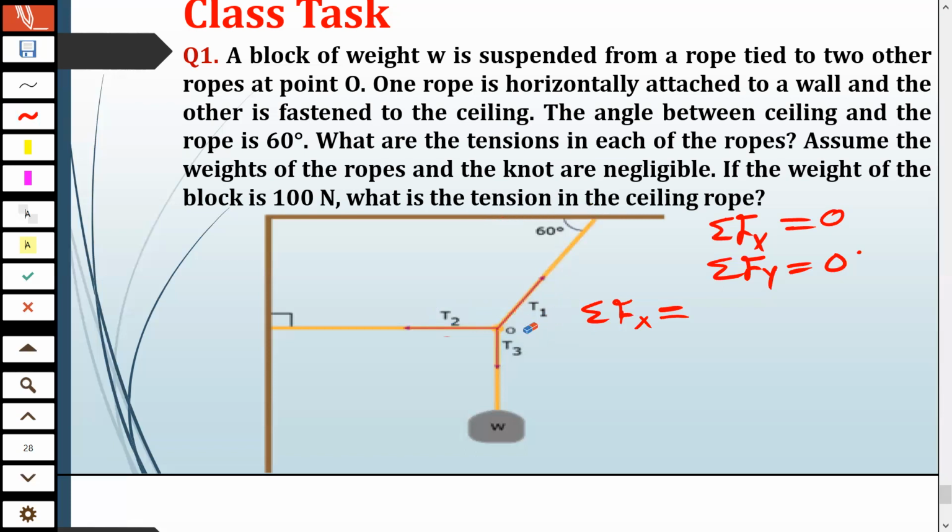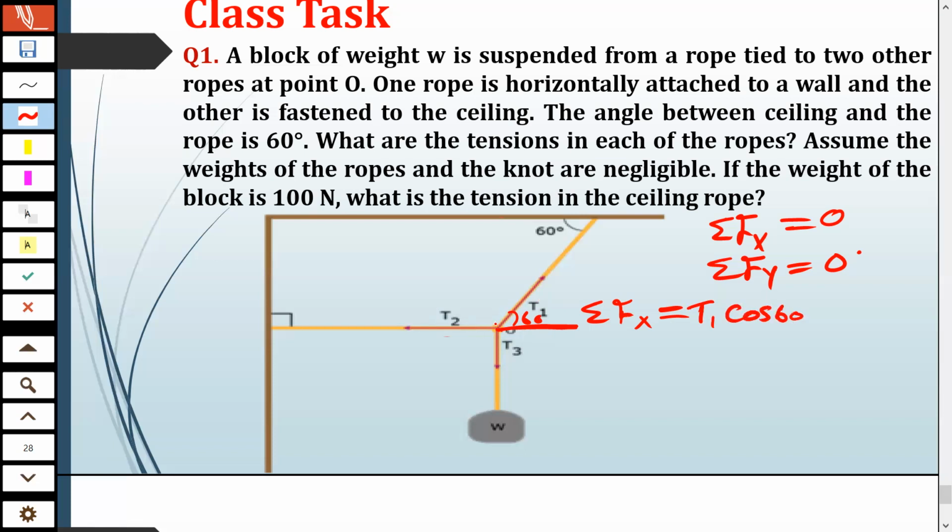So this angle here is 60. The x component of T1 is the adjacent to 60 degrees. So this is going to be T1. Since it's adjacent, using SOHCAHTOA, we're going to use cos 60.